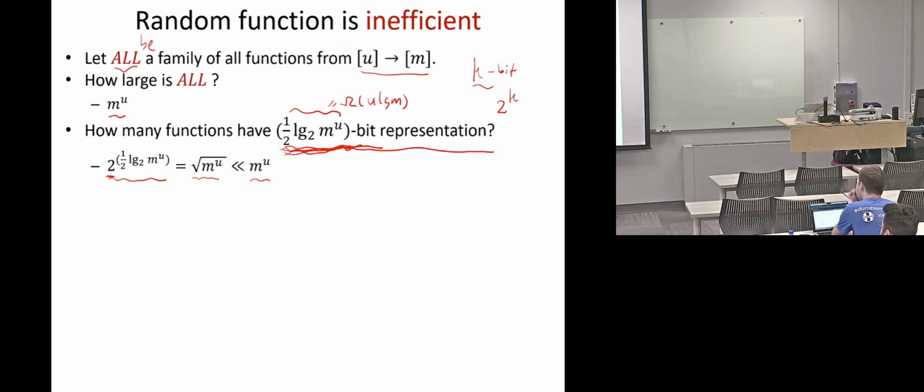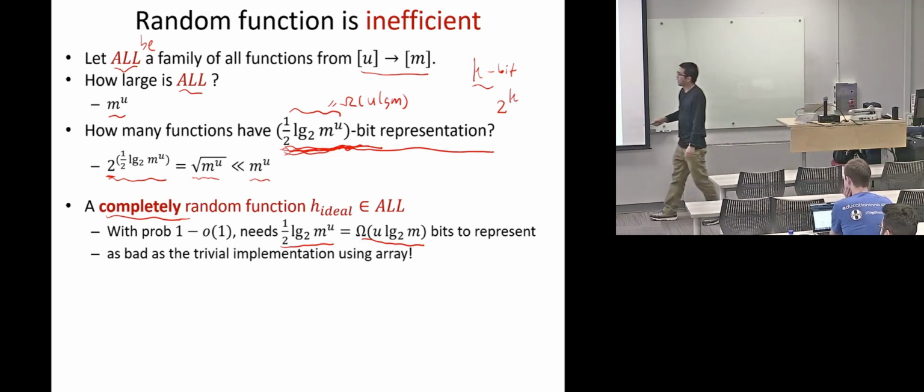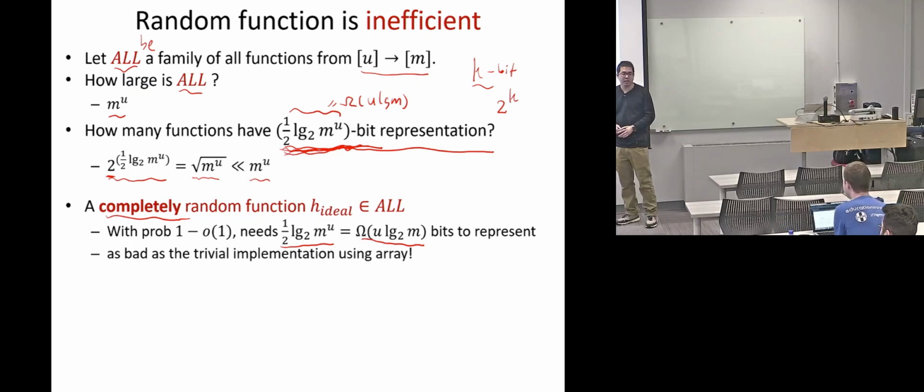So if you just choose a random function from the set of all functions, it's going to take at least this many bits, which is U log M. But this is as bad as the trivial array implementation, where you take space of size U. So just to represent a completely random function already takes you too much space.